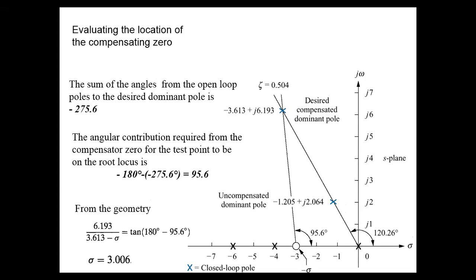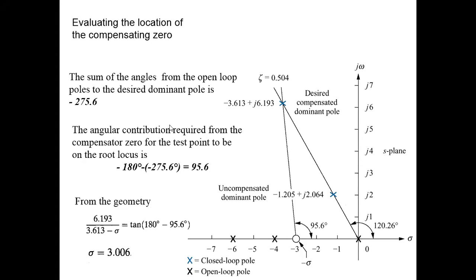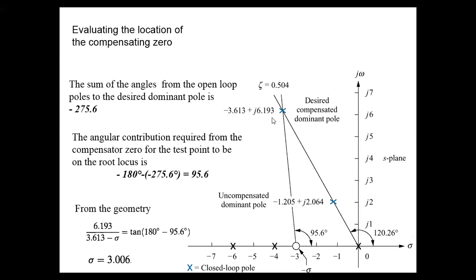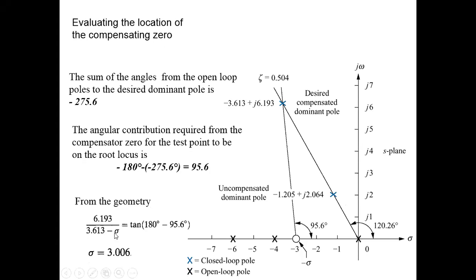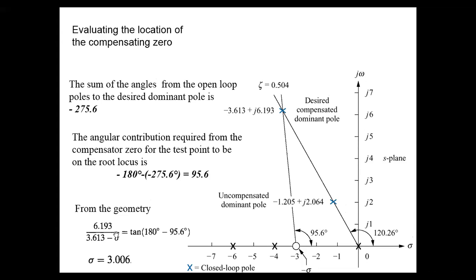Now we must solve for the negative real portion, the location of the compensator zero. From this figure, we can see that 6.193 divided by (3.613 minus the real portion) will be equal to the tangent of (180 minus 95.6) degrees.